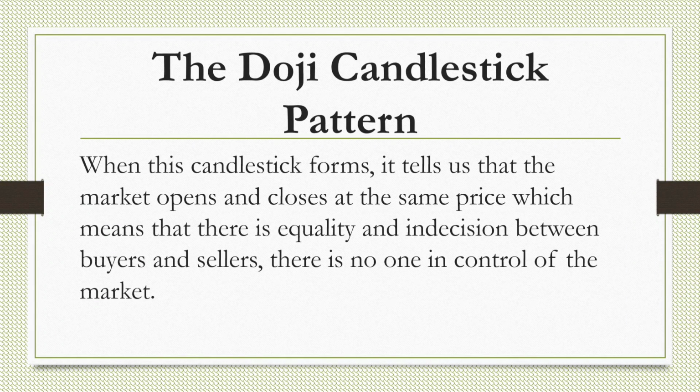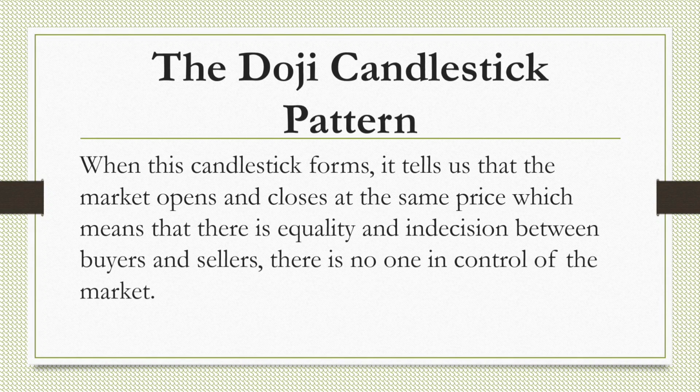There is no one in control of this market, right? What am I trying to explain here? When these candlesticks are being formed, at the exact point where price opens, that is where price comes back to close. Does that make sense?